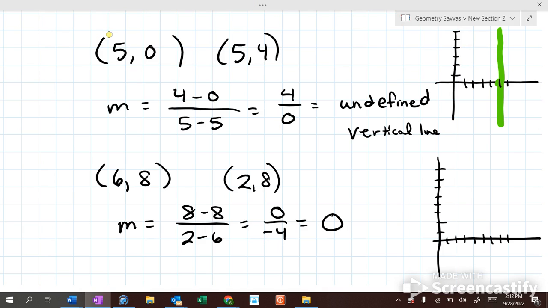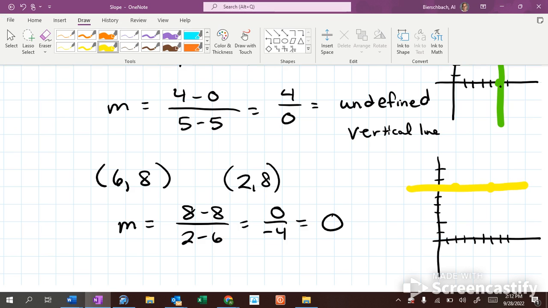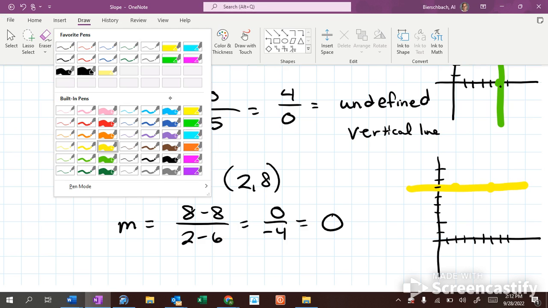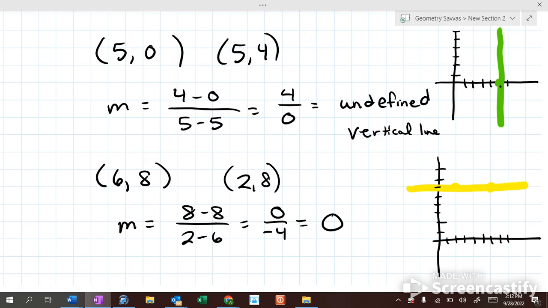Yellow. 6, 8 is right here. 2, 8 is right here. What type of a line is the yellow line? Horizontal. So a 0 slope is a horizontal line.